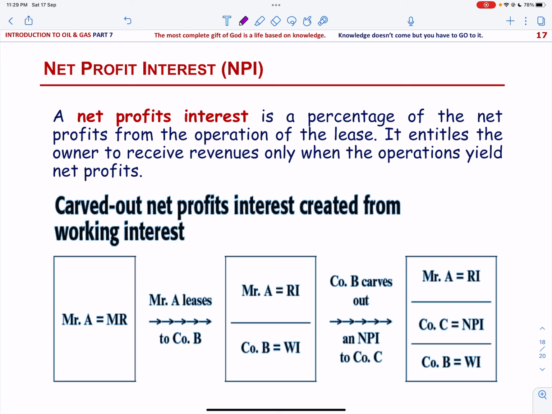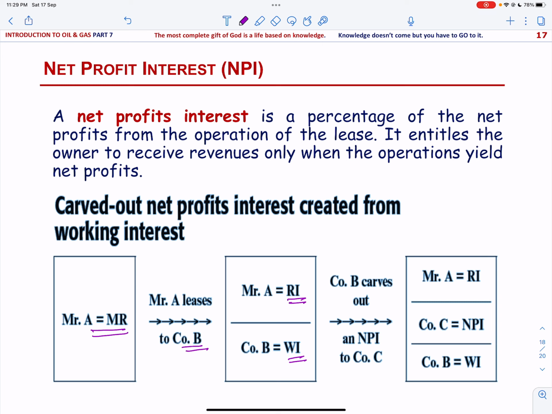A carved out net profit interest is created when the working interest owner sells or transfers the net profit interest and retains the working interest. So Mr. A has the mineral rights and he leases the land to company B. So A has the royalty interest now and B has the working interest.